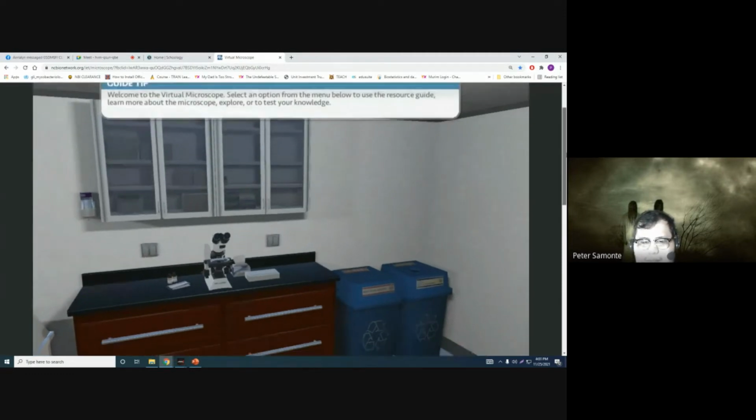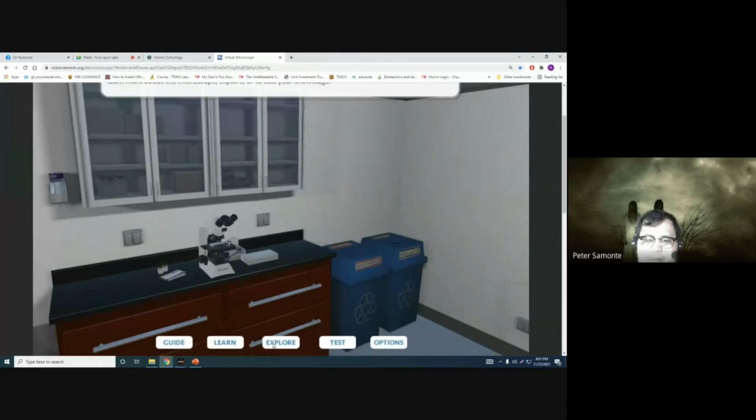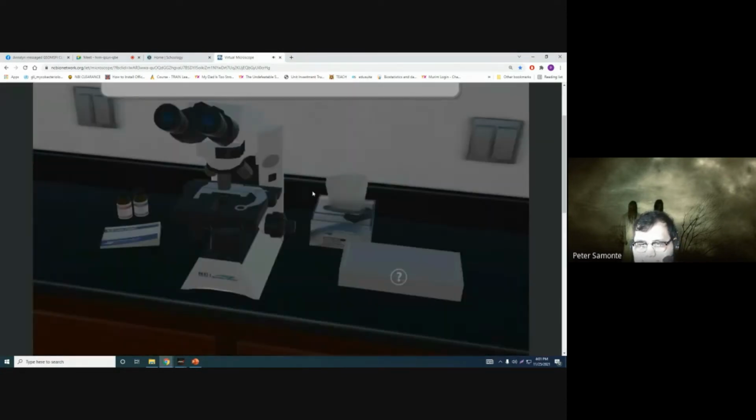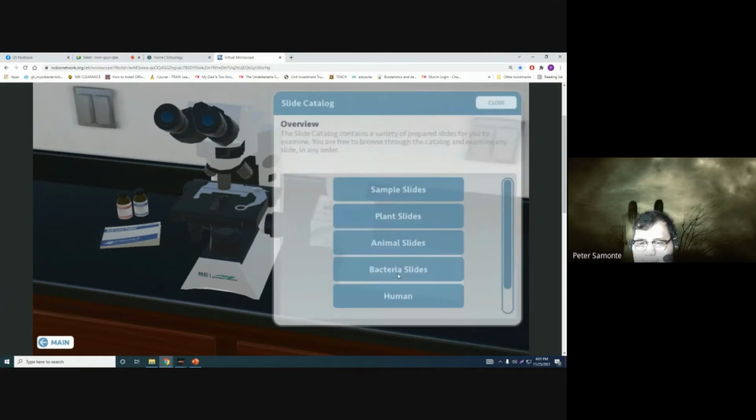This is a virtual program that I use for teaching microscopy in my microbiology laboratory. Here we have your standard microscope, your oil immersion, your cedarwood oil, your lens paper. So let's have a recall, class.